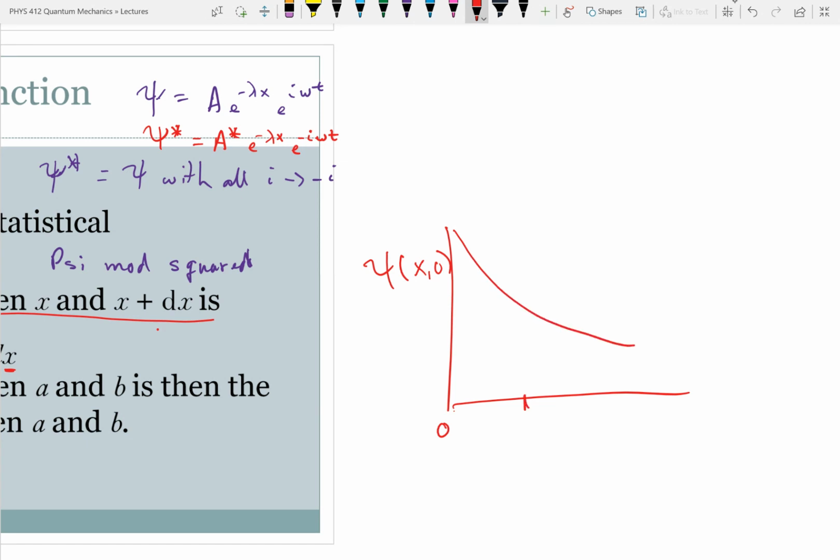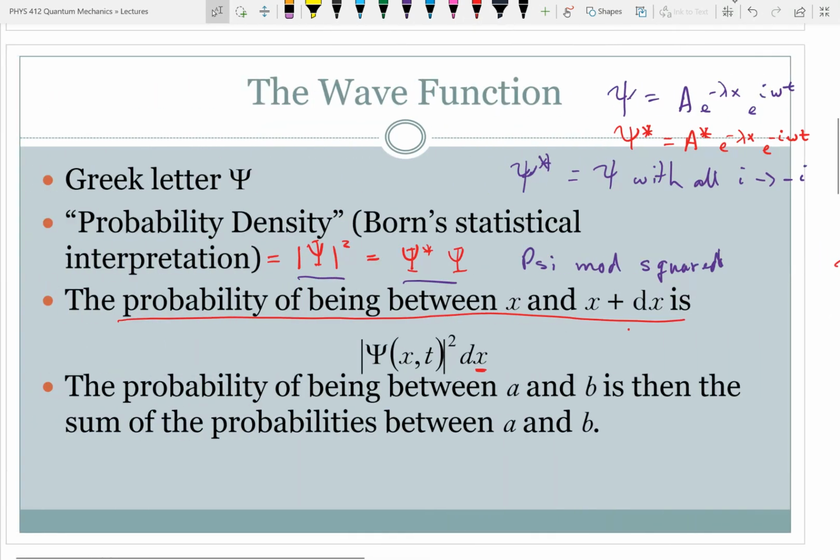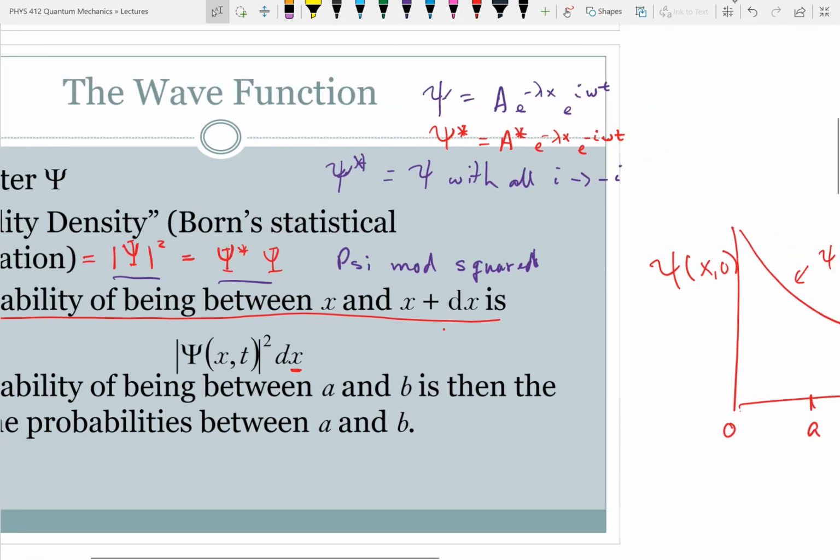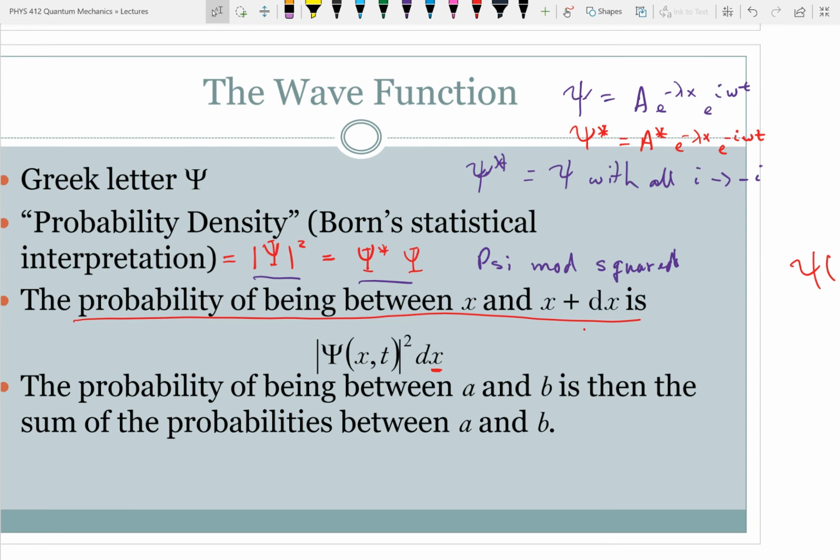And let's say I want to find the probability of being between A and B. So here's my psi function. How do I find the probability of being between A and B? That's exactly right, Indy. I integrate the probability density from A to B.